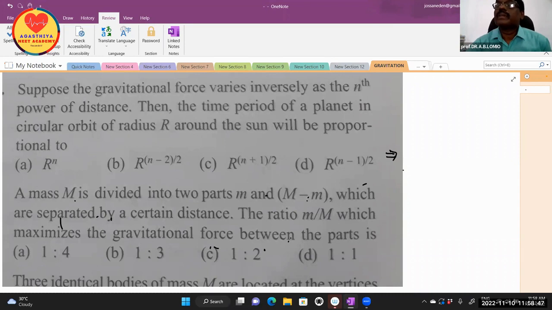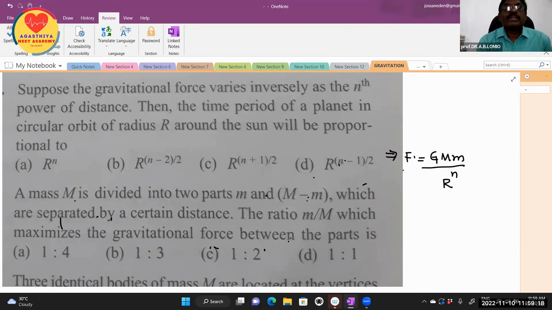Here, they are stating the distance as nth power. Therefore, the formula is written as capital G, capital M, small m, divided by r squared, but here it is r power n. Okay.